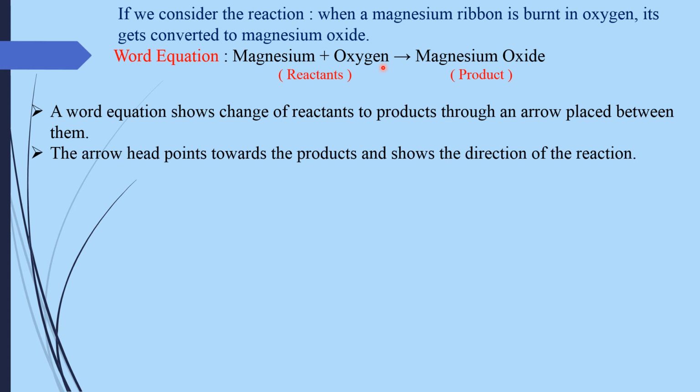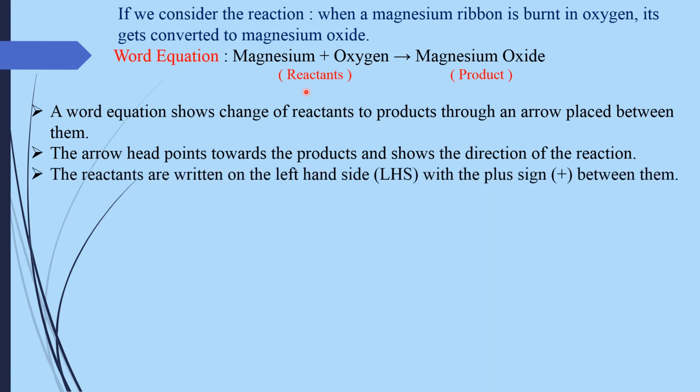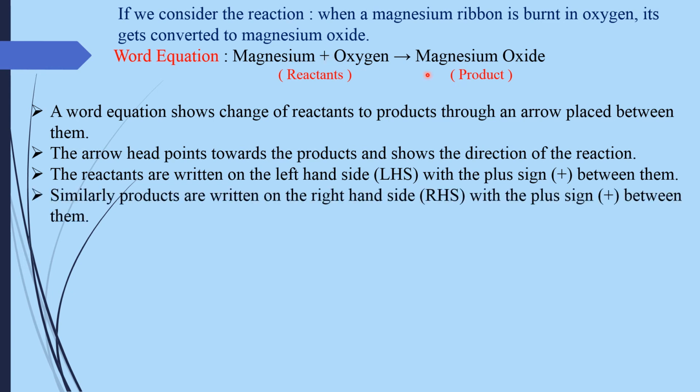The arrowhead points towards the products and shows the direction of the reaction. The reactants are written on the left hand side with the plus sign between them. Similarly, products are written on the right hand side with the plus sign between them.